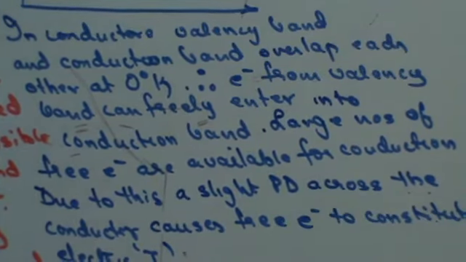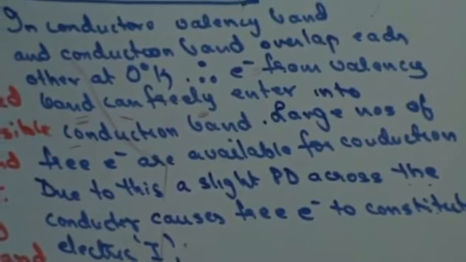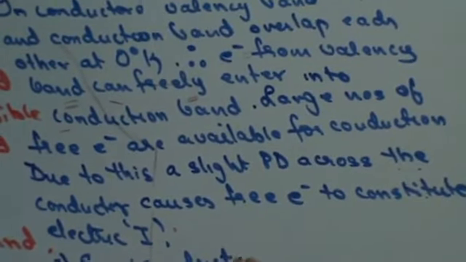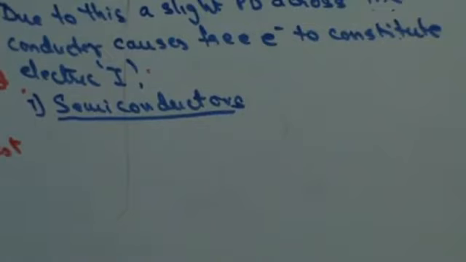Next, let us see what are semiconductors. Now, in the case of semiconductors, there's a forbidden energy gap between the valency band and the conduction band, but the forbidden energy gap between the valency band and the conduction band is extremely small.